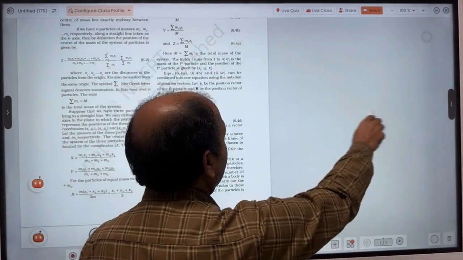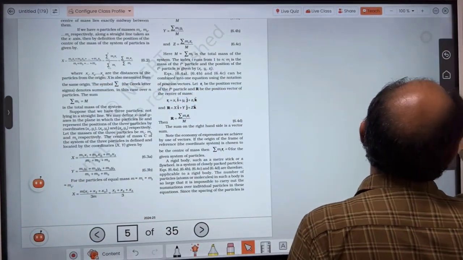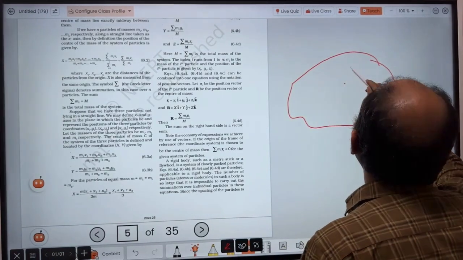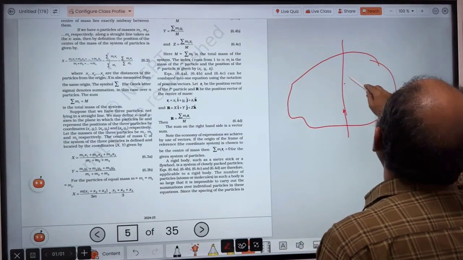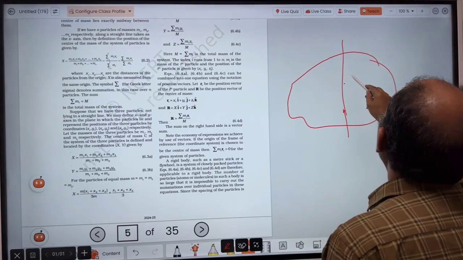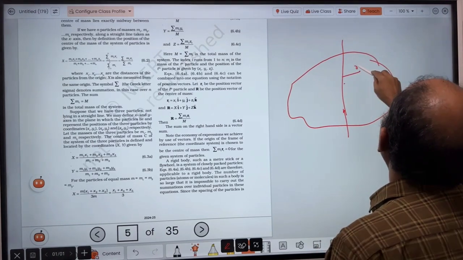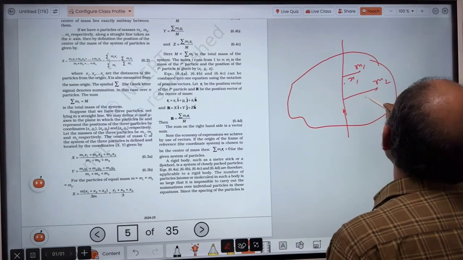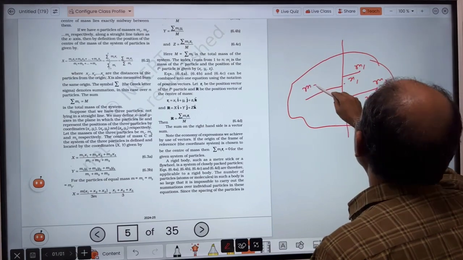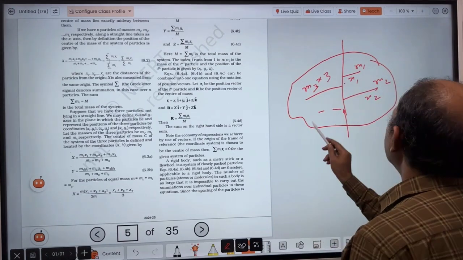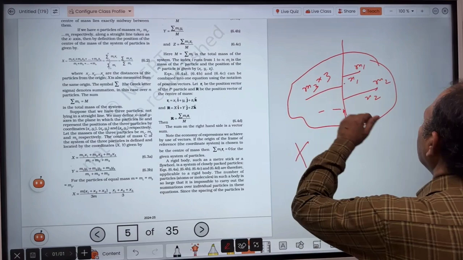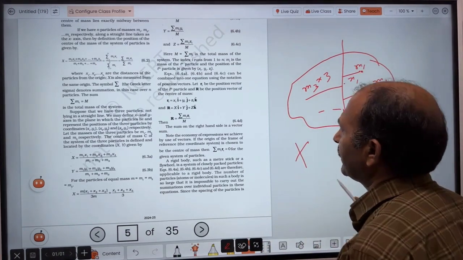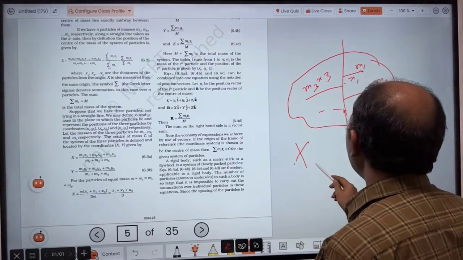Here mass distribution is given. Suppose there is an irregular body, and this is the line of rotation about which the body rotates. Suppose here m1 distance is x1, then m2 distance is x2. Similarly, say m3 distance is x3, like this. So x_cm, if coordinates are in y terms also, we can find x_cm and y_cm both.